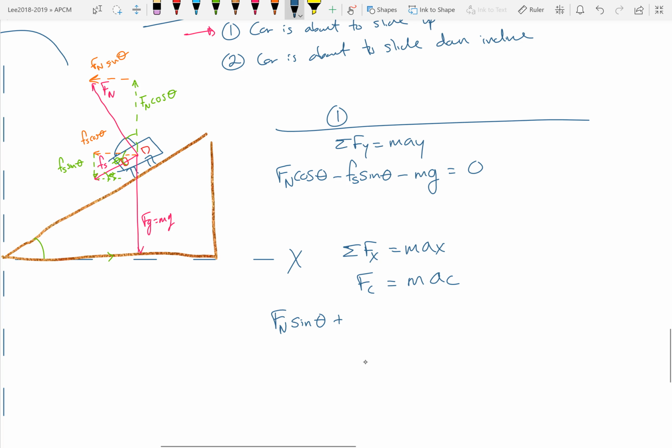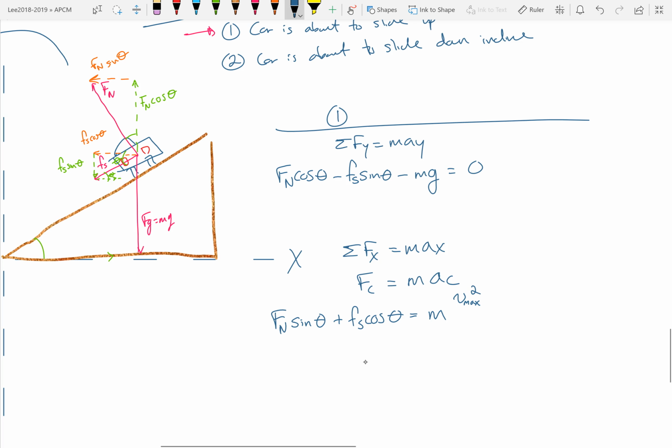And now I also have a portion of the static friction, Fs cosine theta, helping us go up there, equals m v squared. What kind of v? This is when it's about to slide up, so this is when the velocity is at a maximum, right before it slides up the incline. It will have reached a maximum velocity before you go flying off the road.